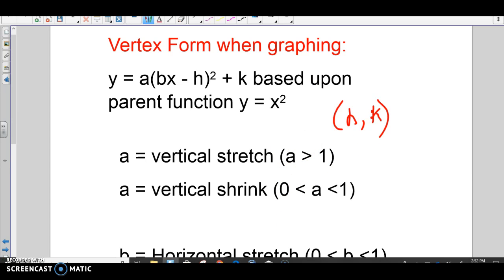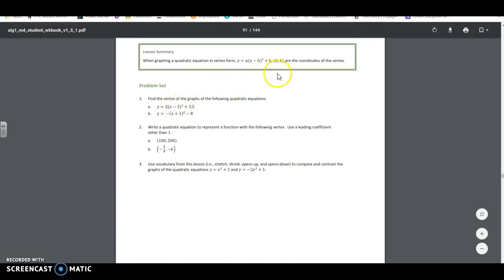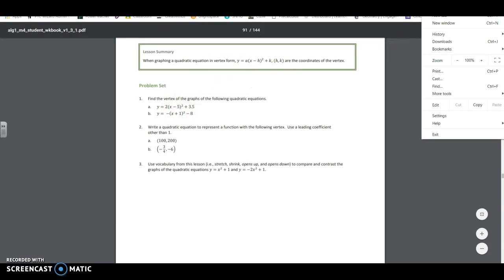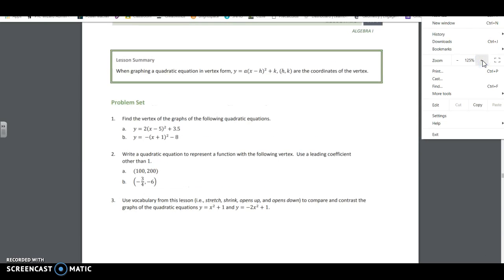So that will wrap us up. What I want you to attempt, let's see if I can zoom in on page 90, are these 3 problems in the problem set. Number 1, find the vertex of the graphs from the following quadratic equations. Number 2, write an equation using a coefficient other than 1.